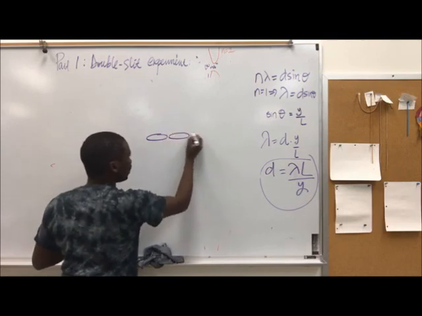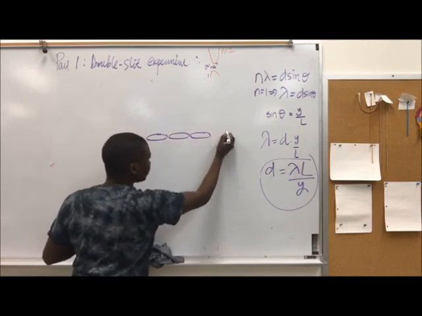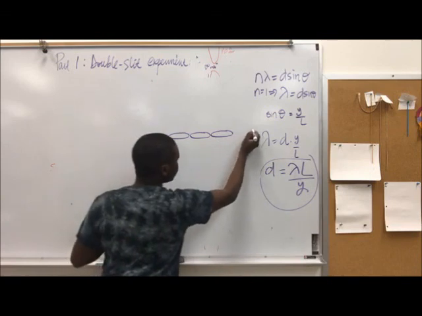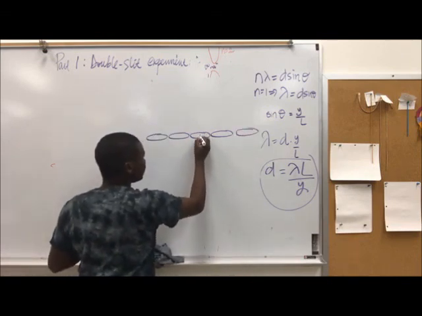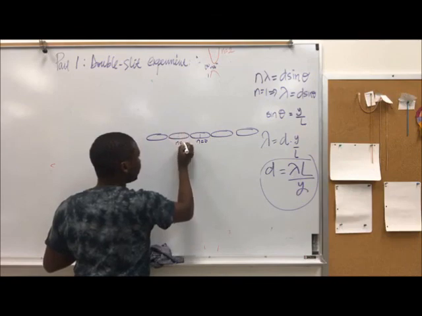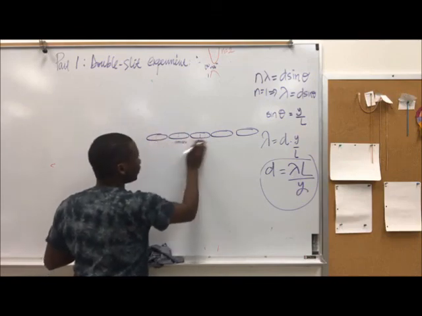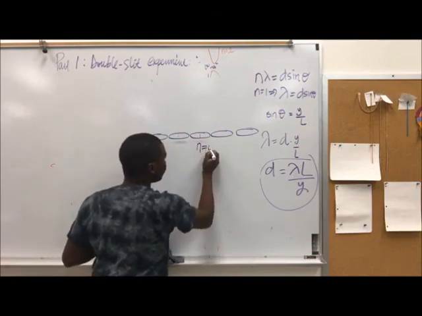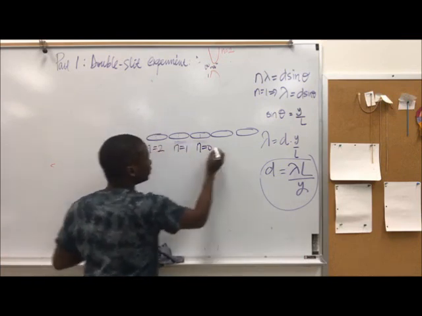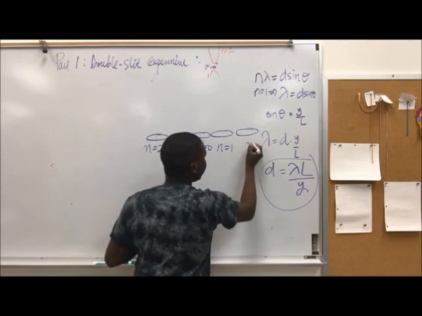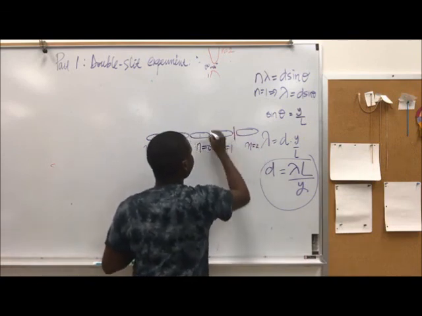The circles are bright fringes. So I have my n equals 0 here, then n equal 1, n equal 2, n equal 1, n equal 2. Then I have dark fringes here.